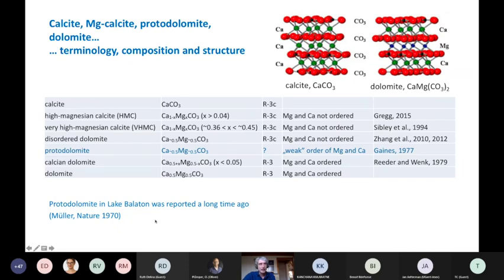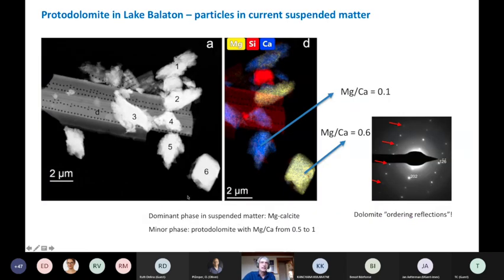Well, protodolomite was described really a long time, more than 50 years ago from Lake Balaton. And we just wanted to check if it still forms in the lake, and what this weak ordering physically means. Well, if you collect some particles from the water, suspended matter, this is what you see.